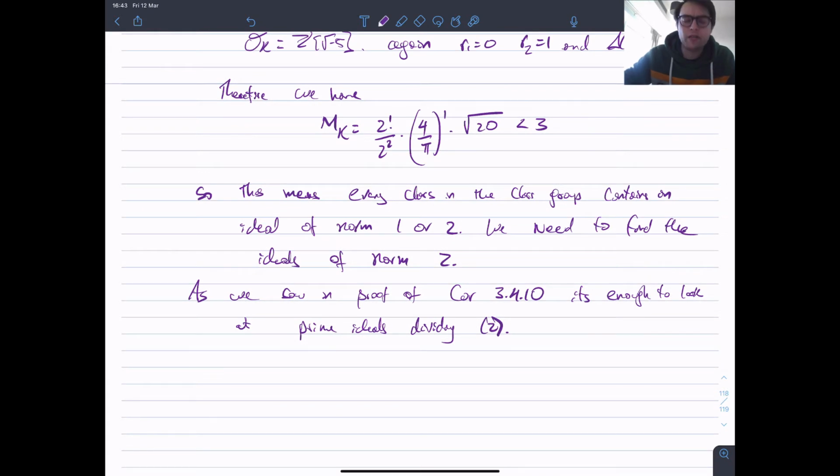And we know how to factor ideals in quadratic fields. We have a theorem that tells us this, Theorem 3.5.17, so we can do this without even having to think.